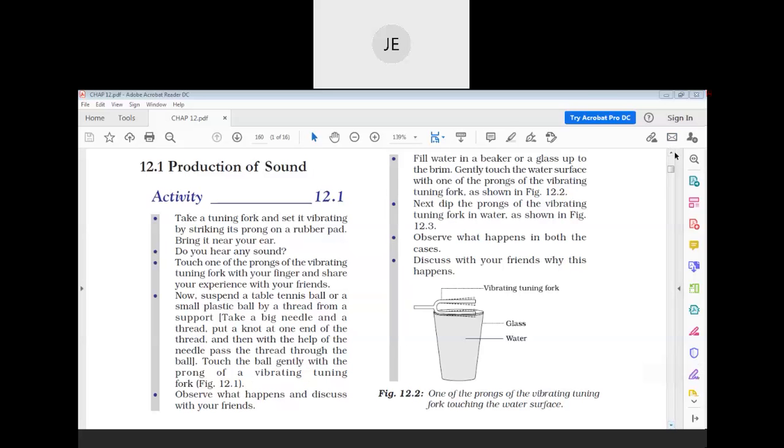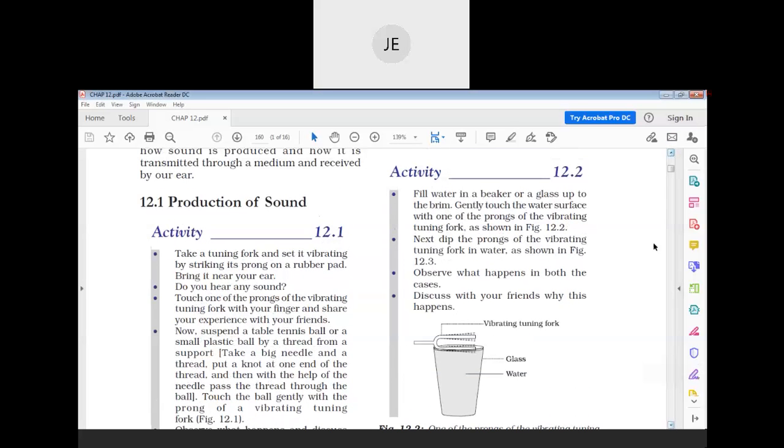Another activity: fill water in a beaker or a glass up to the brim. Gently touch the water surface with one of the prongs of a vibrating tuning fork.